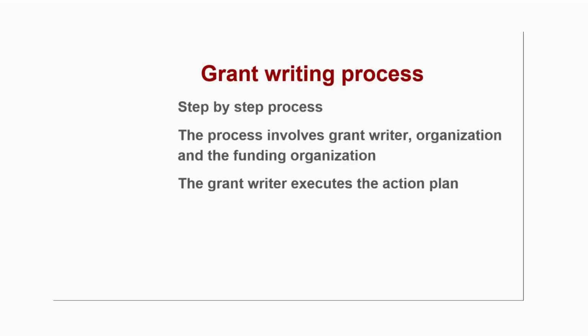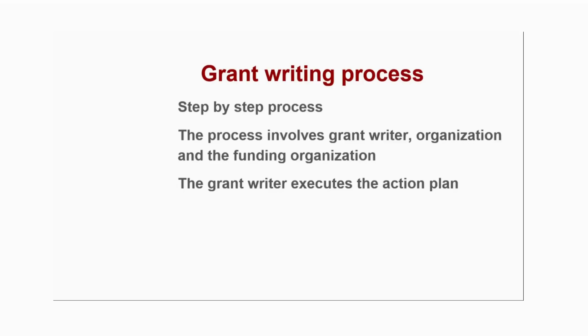So in brief, we are going to look at the grant writing process. Now, grant writing is a step-by-step process, and it involves a number of people. Number one, we have the grant writer. Then the second party, we have the organization that is looking for funds.